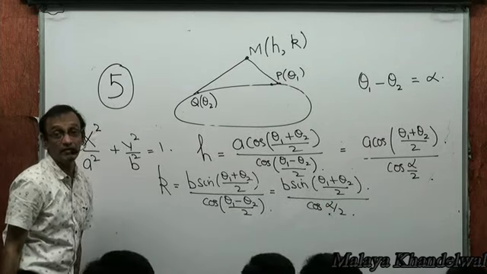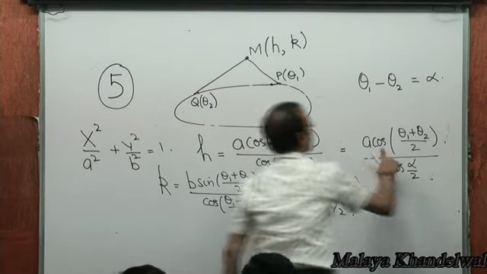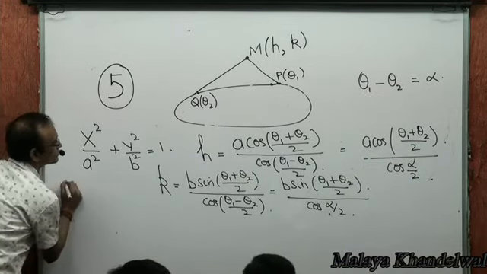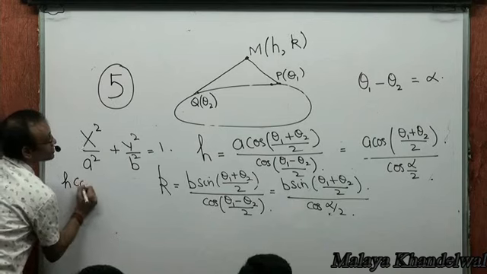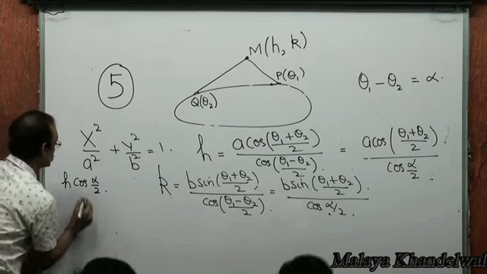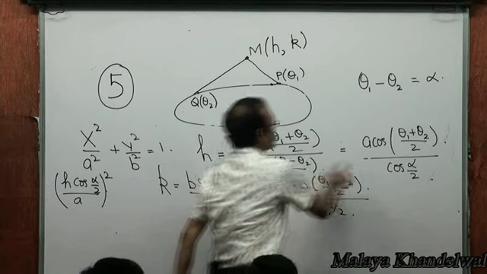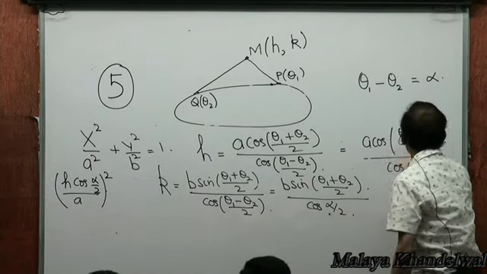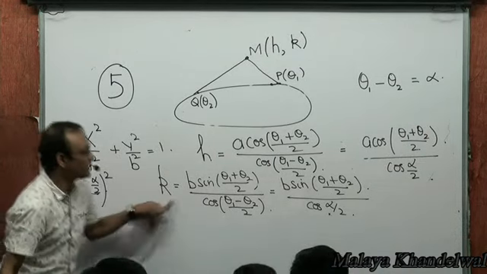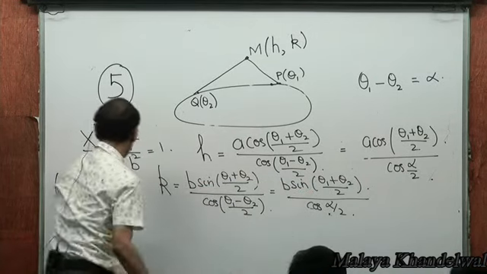I need to eliminate theta 1 and theta 2, which are my parameters. Very clearly, from this equation, I can find cos of (theta 1 plus theta 2)/2. So, h cos alpha by 2 by a, whole squared, is cos square this, plus k cos alpha by 2 by b, whole squared, would be sine square this.